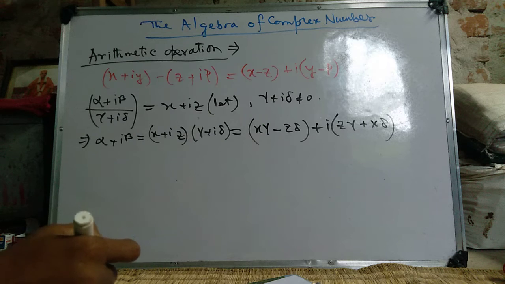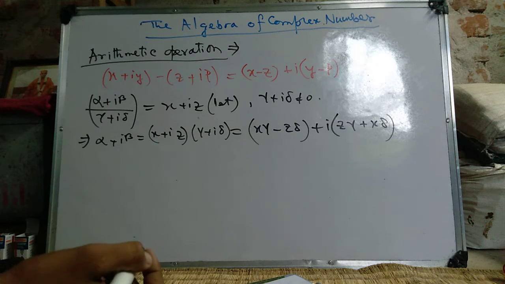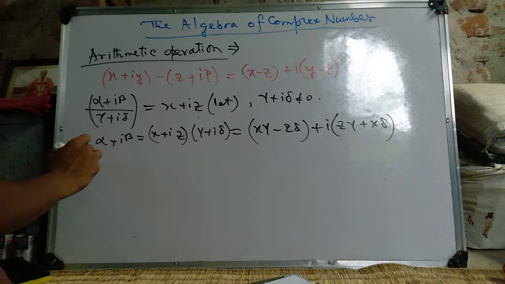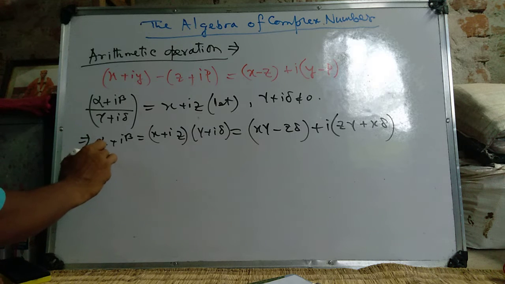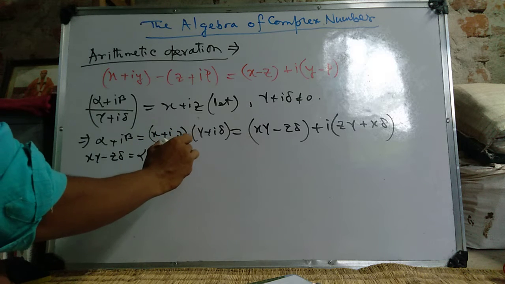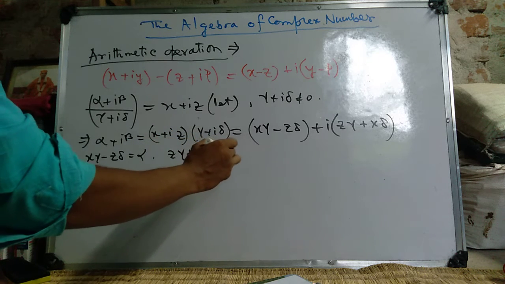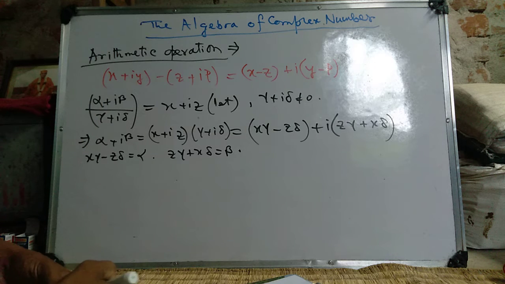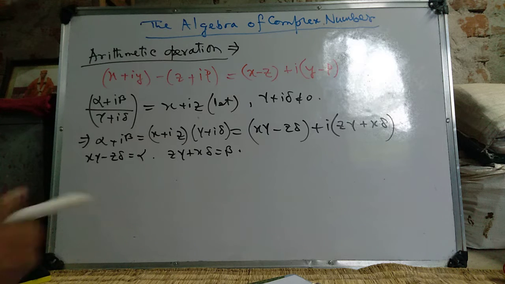Next we write i times (z gamma plus x delta). Then we find, by equating the real part and the imaginary part of both sides, x gamma minus z delta equals alpha, and z gamma plus x delta equals beta. Next we have to find what x equals and what z equals.